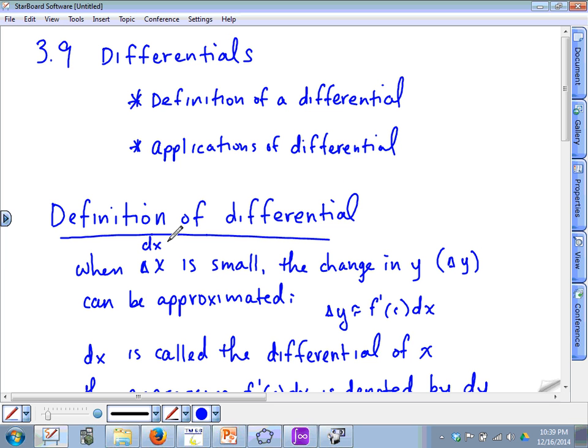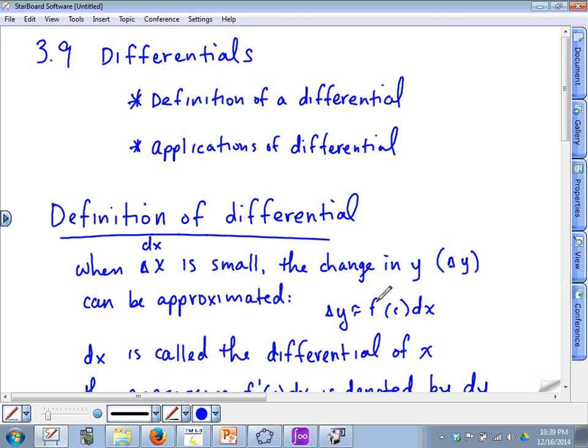So that's basically the definition, or the idea behind a differential. When delta x or dx is small enough, then the change in y, or delta y, can be approximated using this.